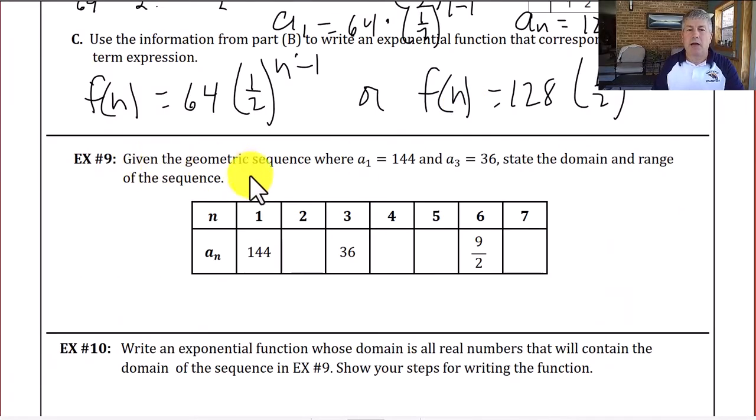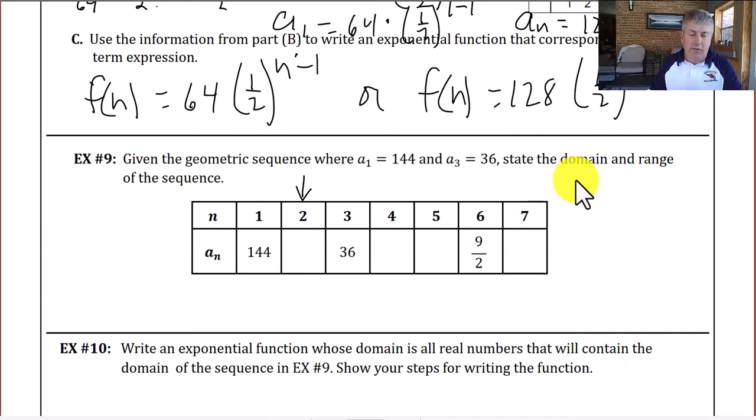In example 9, we're given a geometric sequence where a_1 equals 144, a_3 equals 36. State the domain and range of the sequence. We need to find out what our ratio is here, and we can calculate the second term by doing the square root of the product of these.